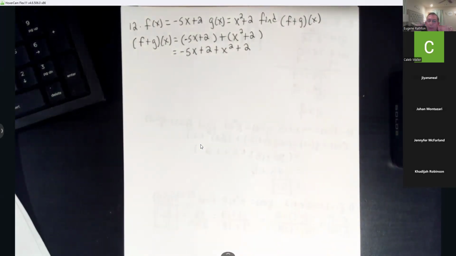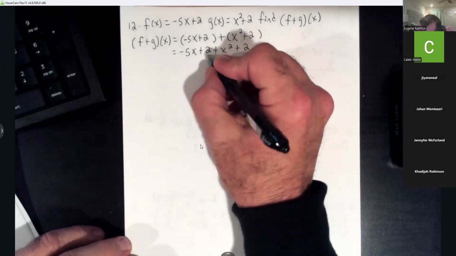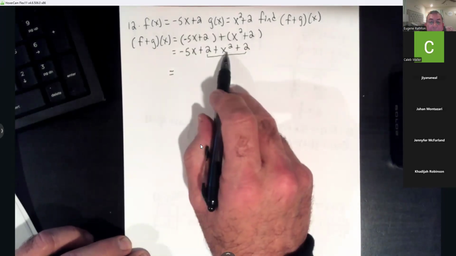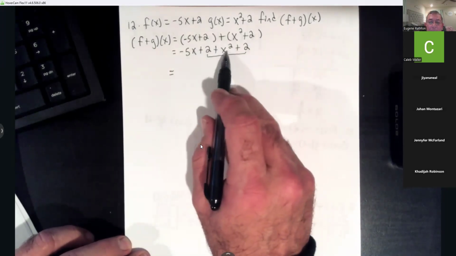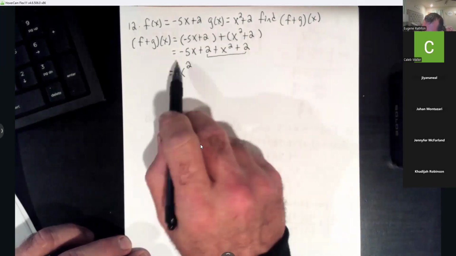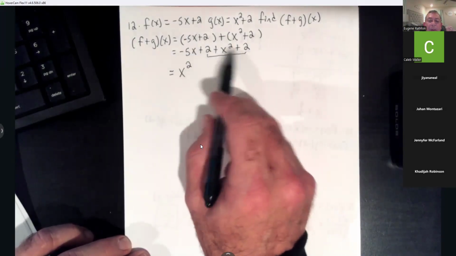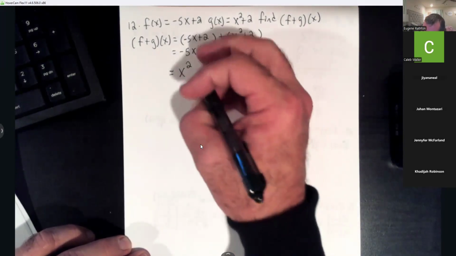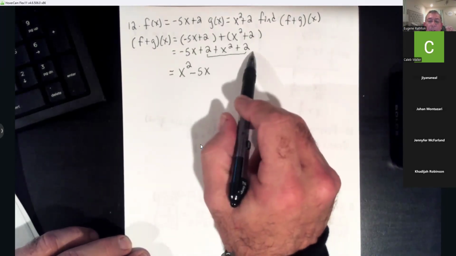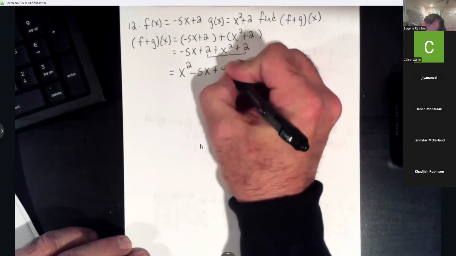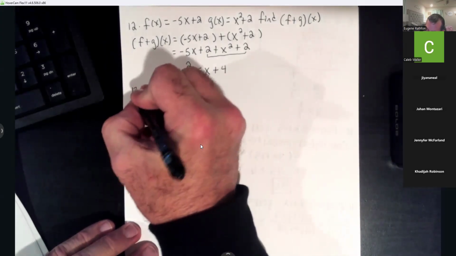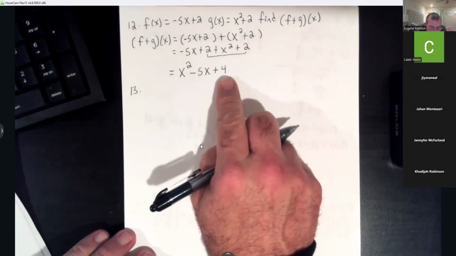And y'all, at this point, I'm going to put it in descending order and add those like terms together. So the first thing I got is the x squared. It don't have anything else to combine with, so bring down that x squared. Then I would bring down the x's. Well, they don't have any other like terms, so bring down that negative 5x. But y'all, the like terms, I got a 2 plus 2, which will give us positive 4. Cannot go any further, so we're going to stop there.